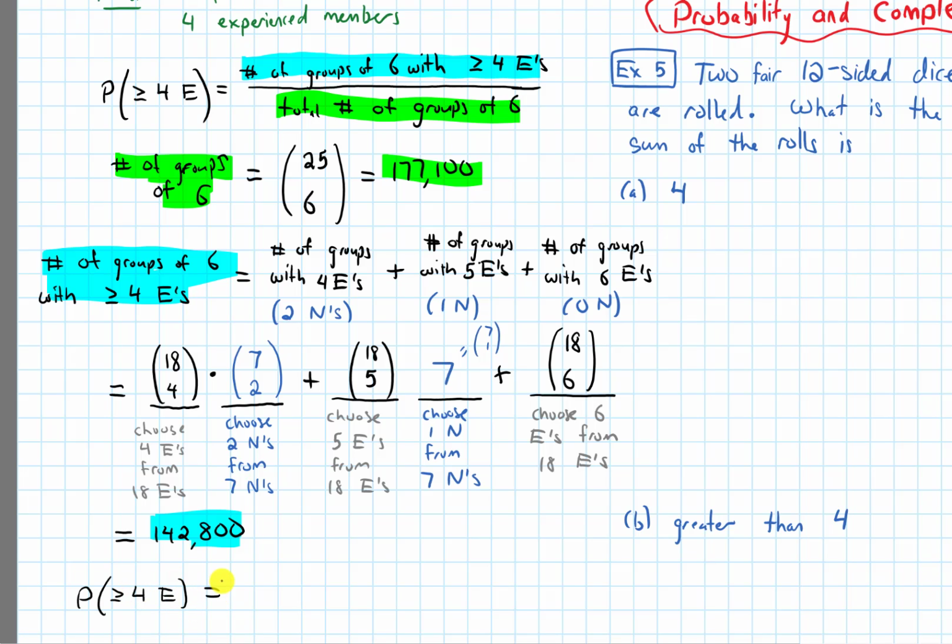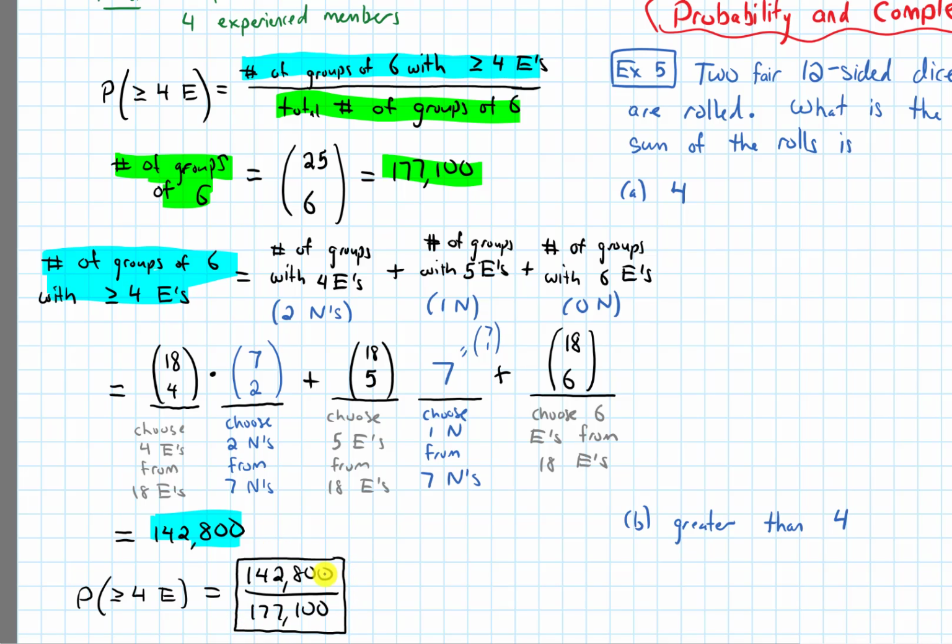And we now know the numerator of this fraction is 142,800, and the denominator is 177,100. And this question said we could leave our answer as a fraction. So it would be fine to leave it like this.